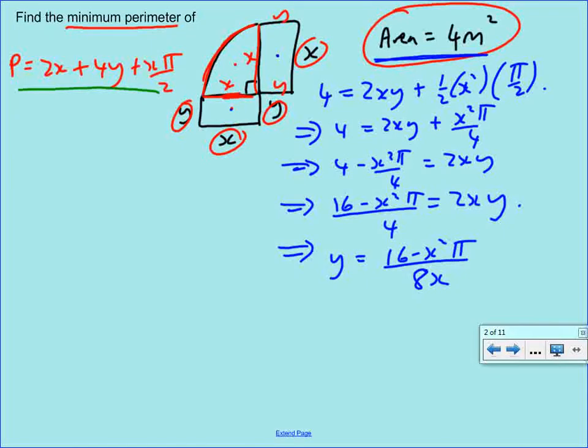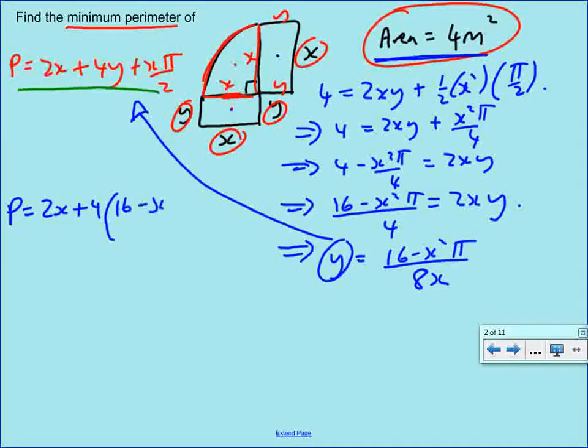So I can now sub this y into here to get a new expression for p, all in terms of x. So p equals 2x plus 4 times 16 minus x squared pi over 8x, plus x pi over 2.